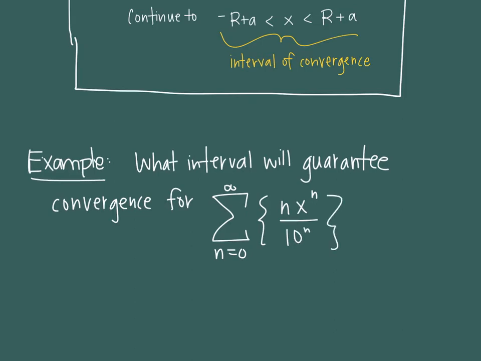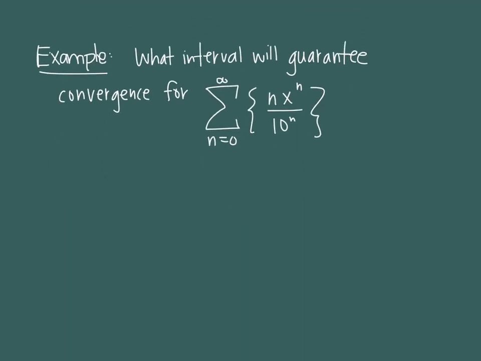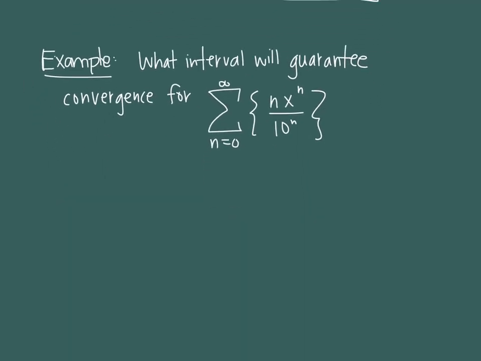We recognize it's a power series just because it's got the variable x. It's a slam dunk for a ratio test for these. So we are going to perform the ratio test.